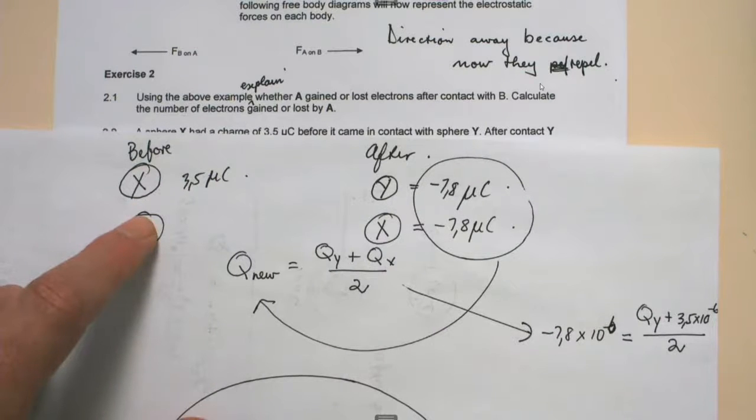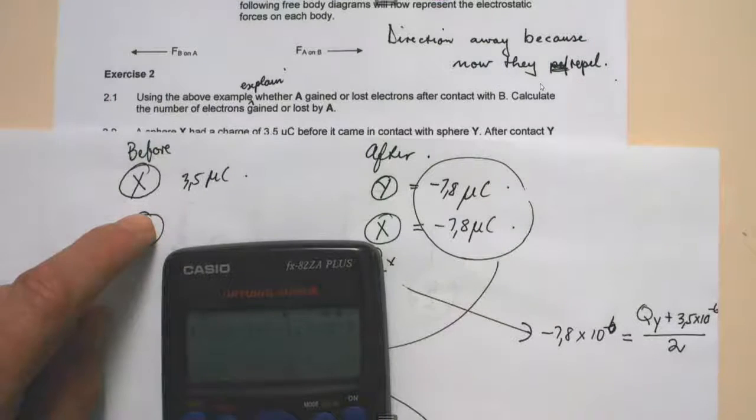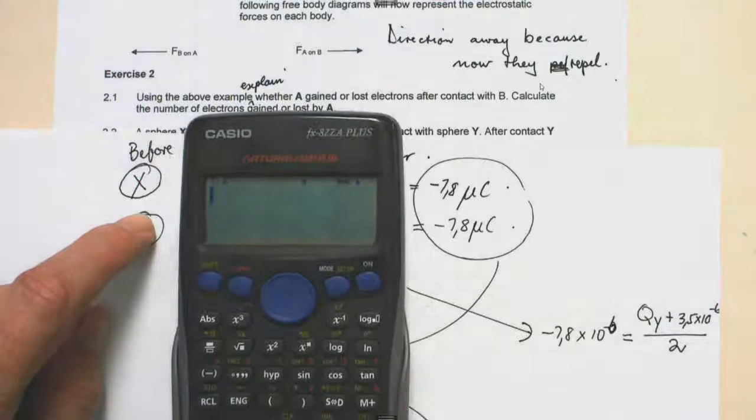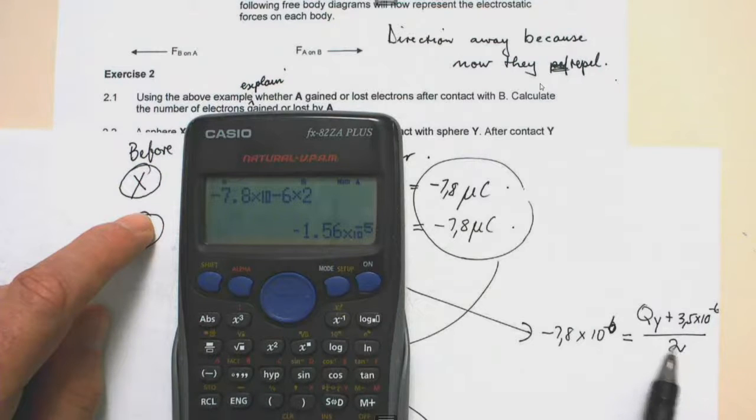Right, so now I can see I'm going to multiply across to get rid of the 2. So let's do this. Okay, we've got negative 7.8 times 10 to the power minus 6, and that I'm going to multiply by 2 equals. Alright, so now I've done the part of the 2. Okay, so now I want to take the plus 3.5 also over to that side, so I will change that sign.